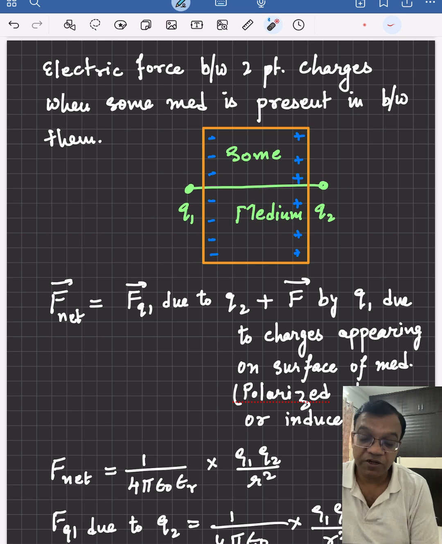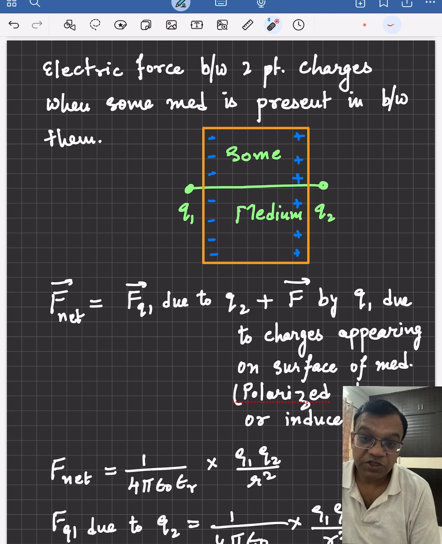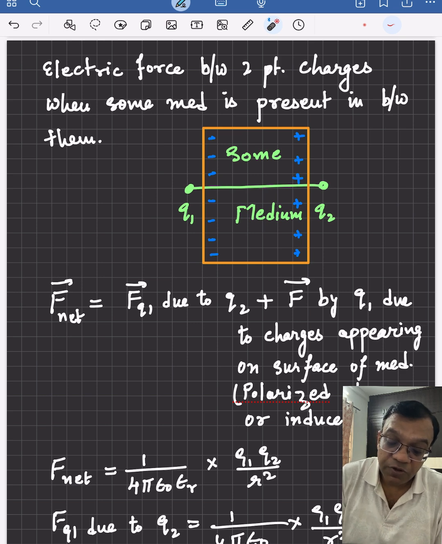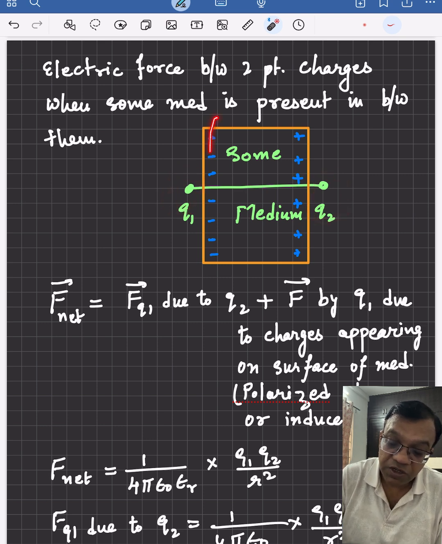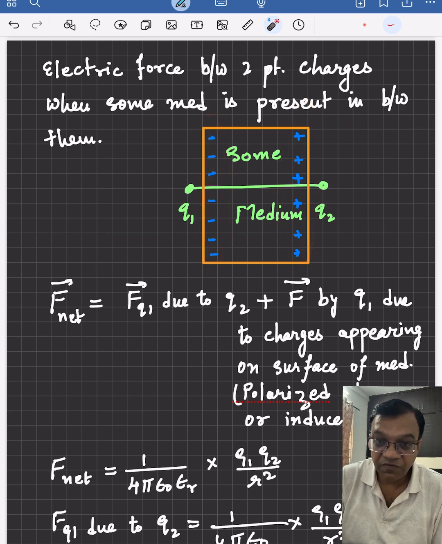Redistribution of charge will take place. So in the medium, negative charge is on the left side, positive charge is on the right side. Now Q1 will experience the force due to Q2 as well as due to these induced charges, the charges which appear at the surfaces. This phenomenon is known as polarization.